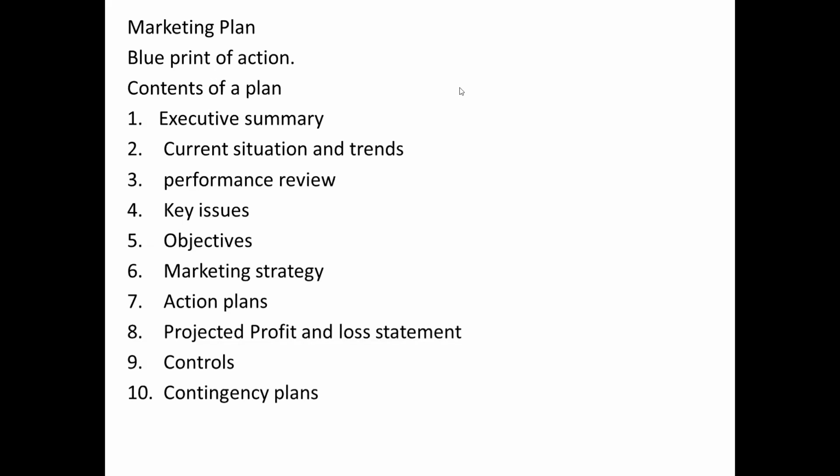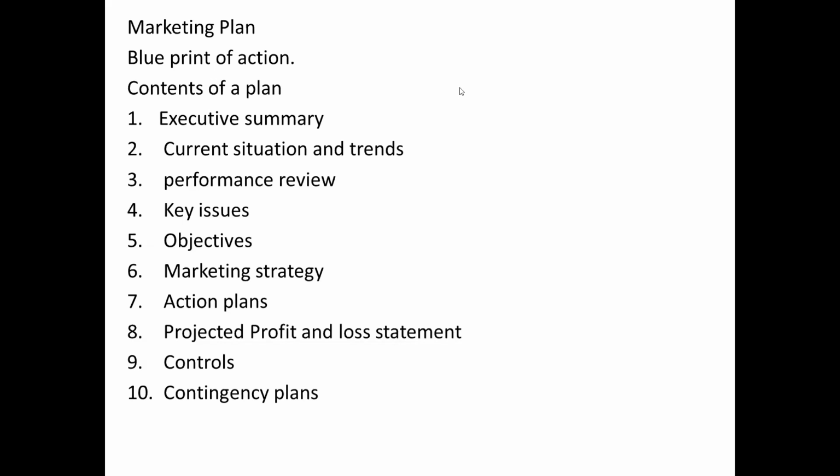So here, with a very short summary, it should be able to reflect the picture, so that if anybody goes through the executive summary, they understand which would be the market, geographical markets, who are the competitors, what is the positioning and targeting of the product, etc.